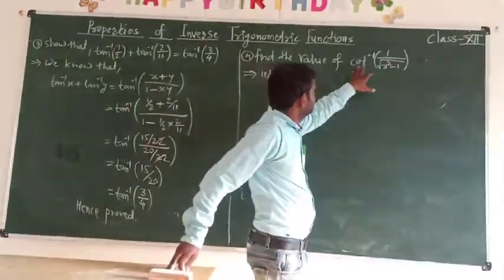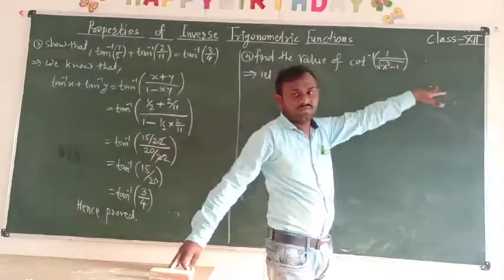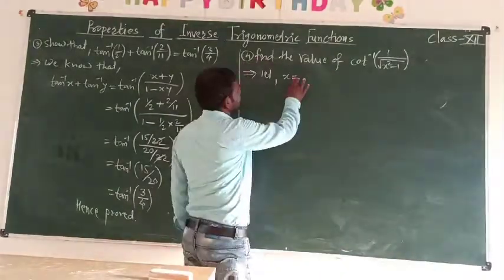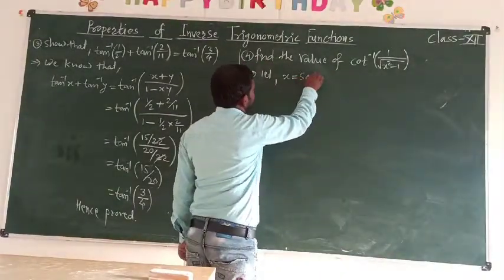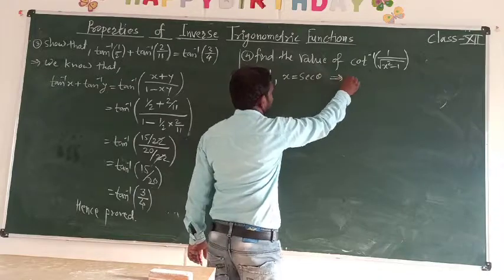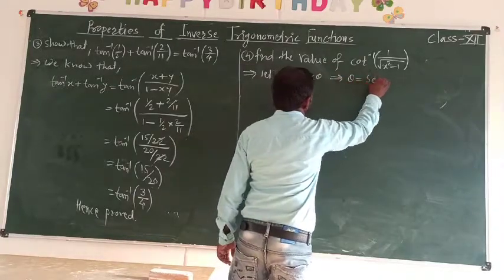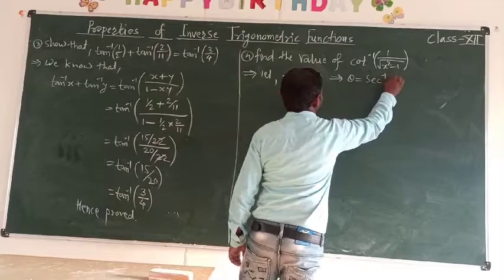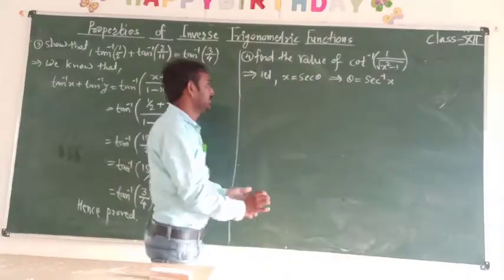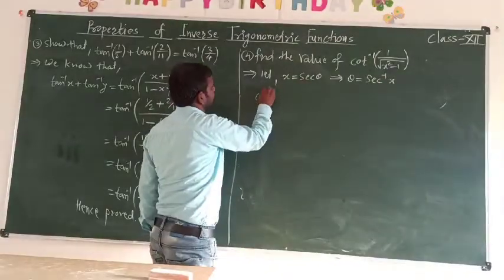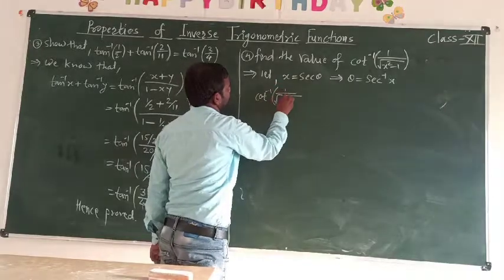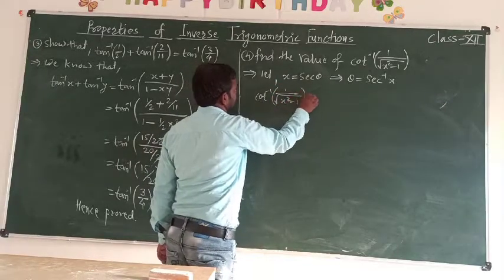So we make the function as cot inverse of cot. So we put x equal to sec theta, which implies theta equals sec inverse of x.